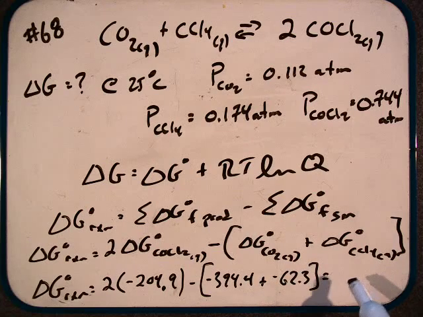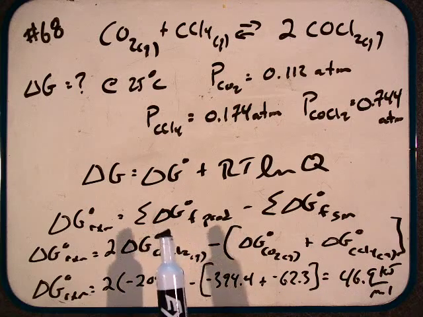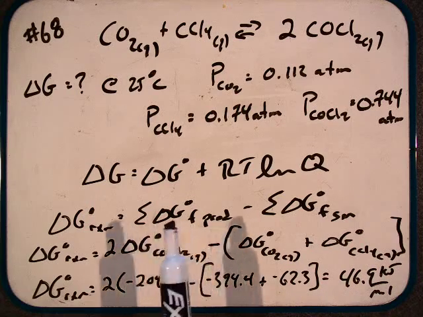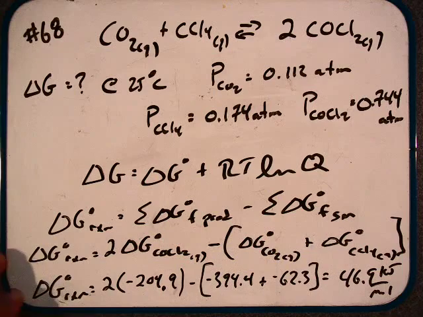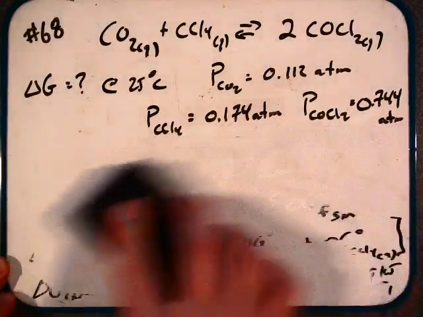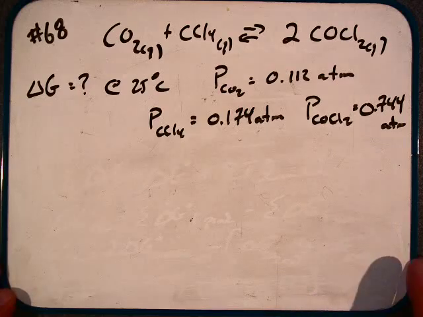And if we sum all of that up, we get a delta G of reaction at standard state equal to 46.9 kilojoules per mole. So that is our delta G, simply looking at the difference in Gibbs free energy of formation of our products minus our starting materials. And we're going to plug that value into that delta G expression.